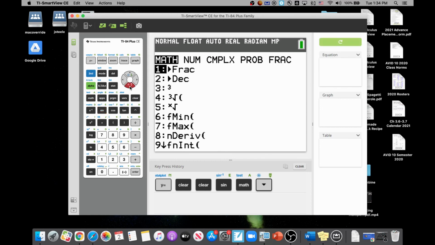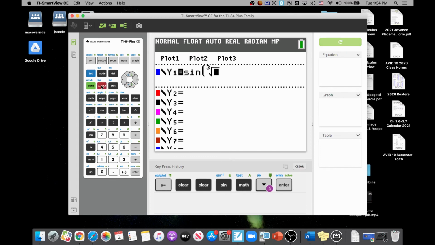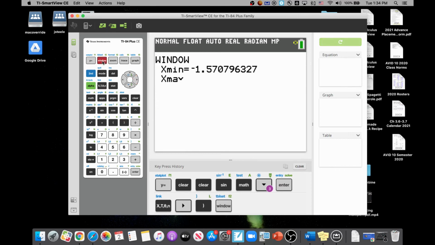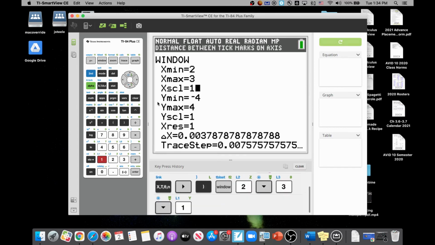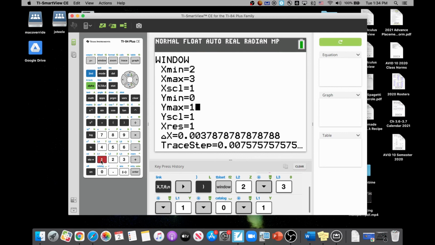Under math, I want to go to the cube root. And again, the window that I'm looking at here is just from x equals 2 to x equals 3. So I'm going to change my window from x equals 2 to x equals 3. My x scale I'll just change to 1, and my y min I'm going to set at 0, and my y max I'm going to set at 1.